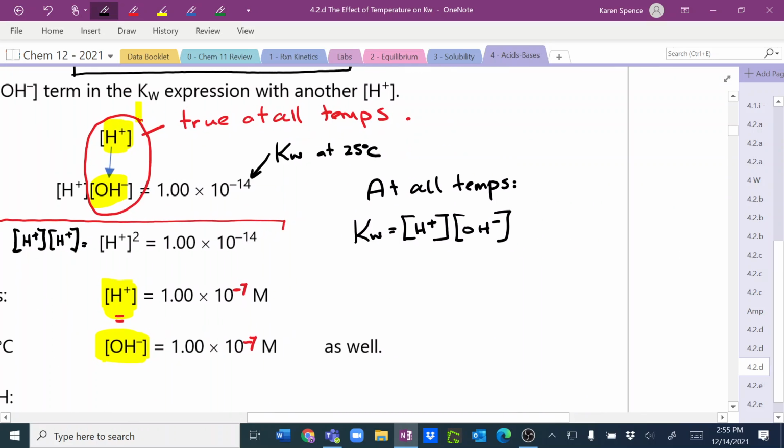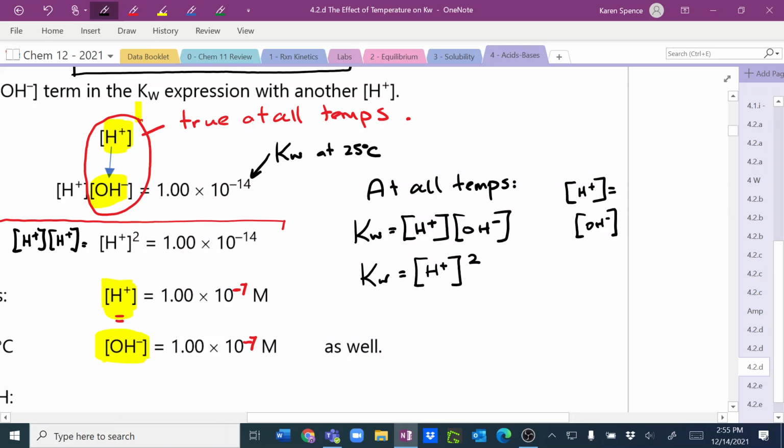But we know that hydrogen is equal to hydroxide, yes? And therefore, Kw is equal to H plus squared.